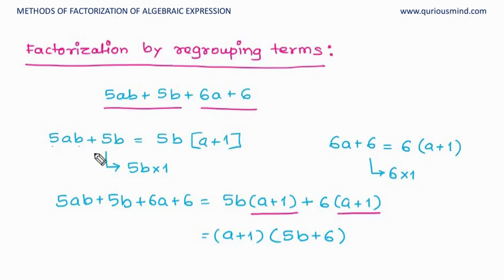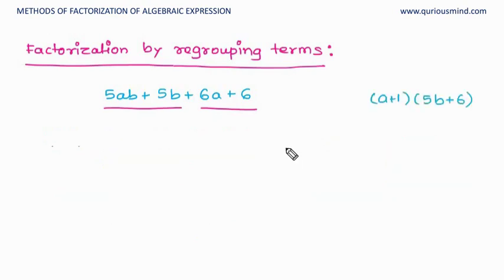Now, this is not the only way to regroup these. Let's see if we can regroup them differently. I have written down the factors here, which we found using the first regrouping. Now in this case, I am not going to group them like this, but I am going to group them like 5ab plus 6a as one group and 5b plus 6 as the second group.